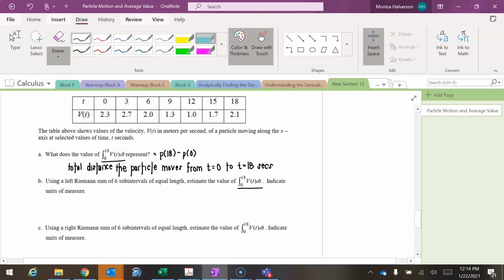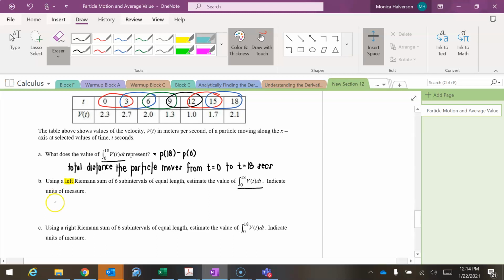So if we think about it, let's look at what our 6 subintervals are: from 0 to 3, from 3 to 6, from 6 to 9, from 9 to 12, from 12 to 15, and from 15 to 18. And we're talking about left Riemann. Remember, we're using rectangles here.